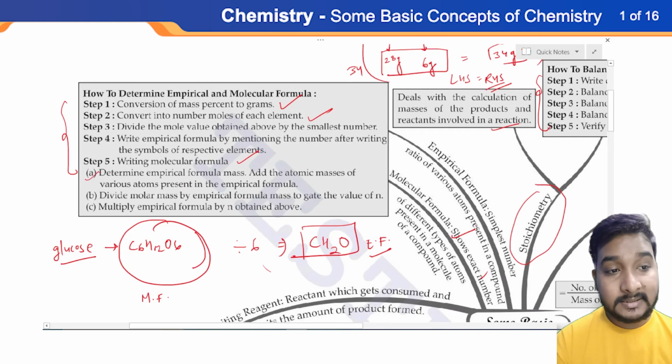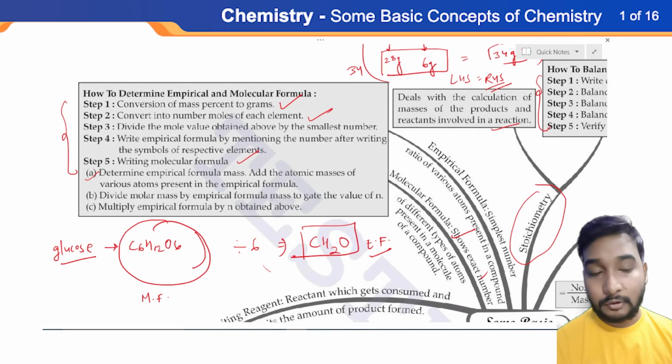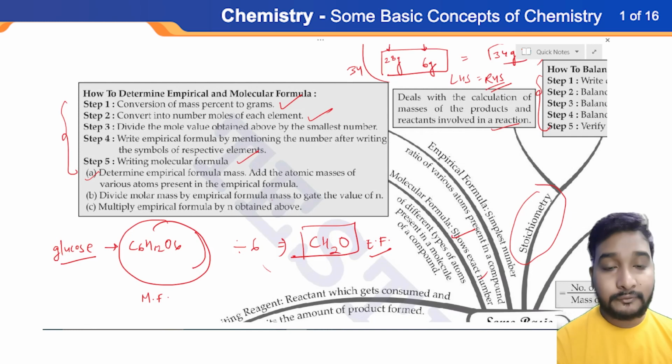Determine the empirical formula mass using the atomic masses of the various atoms present in the empirical formula. Divide molar mass by empirical formula mass to get the value of n. Multiply the empirical formula by n obtained above. So this is a simple method which you have to use to calculate the empirical formula and molecular formula of any compound.